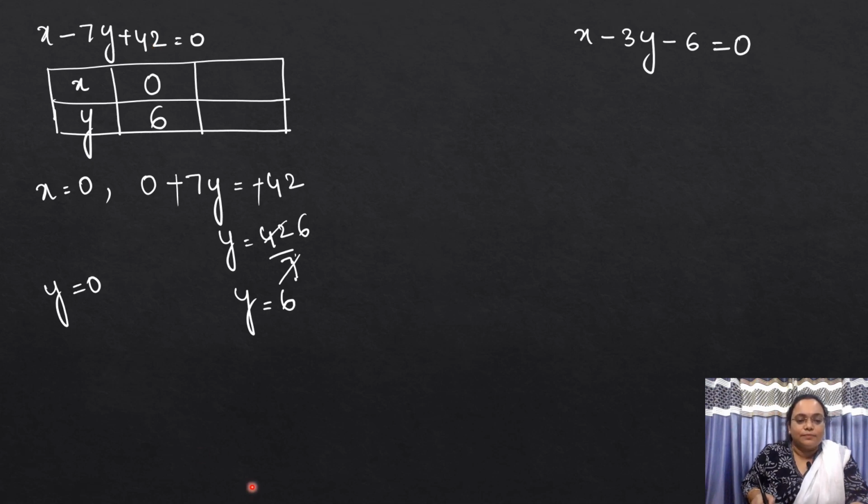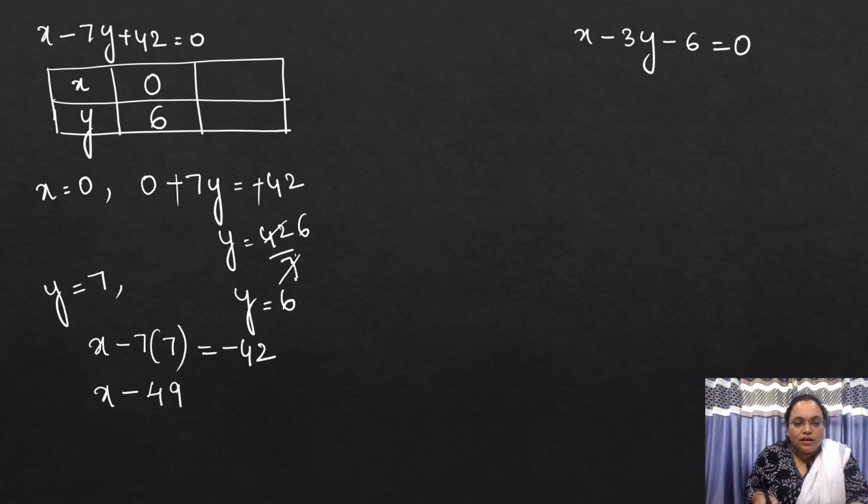So for that, we will take y is equal to 7. If you take y is equal to 7, which is x minus 7 of 7 is equal to minus 42. X minus 49 is equal to minus 42.